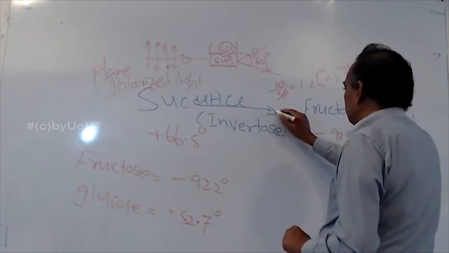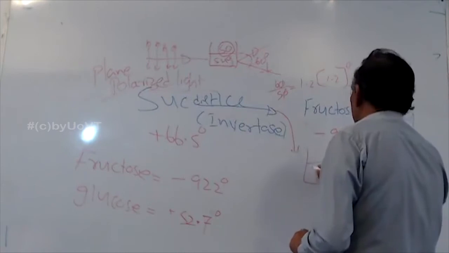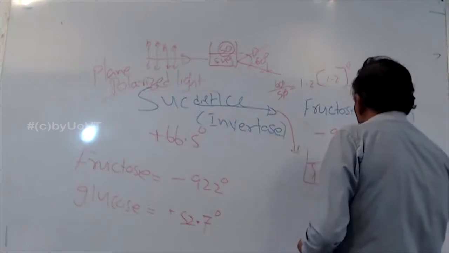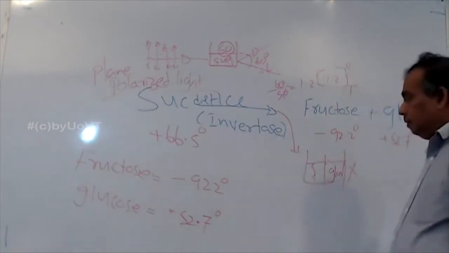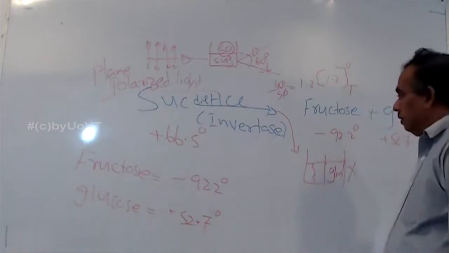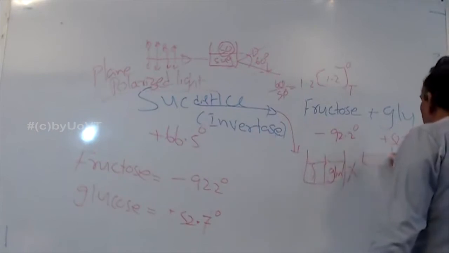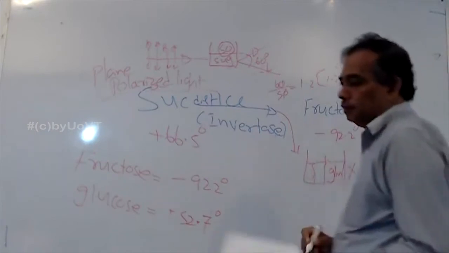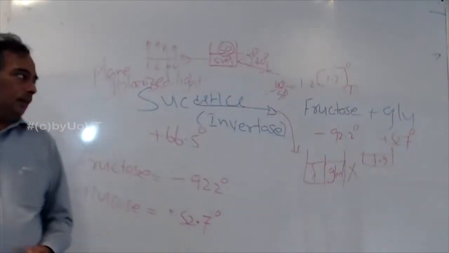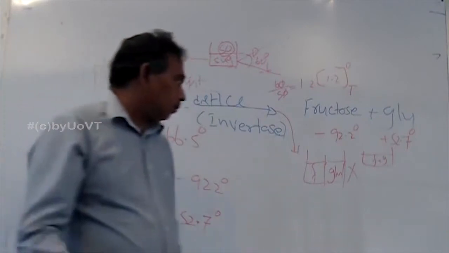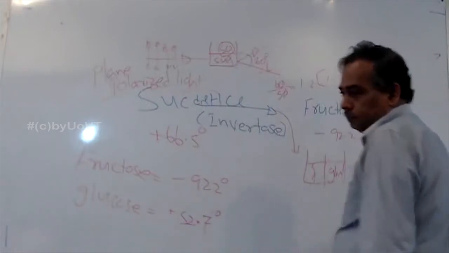Because when you break this into two groups, you cannot observe this part fructose, this part glucose separately. All of these are in the same mixture again, fructose plus glucose, freely available. So my question is, what is the orientation of the final mixture?